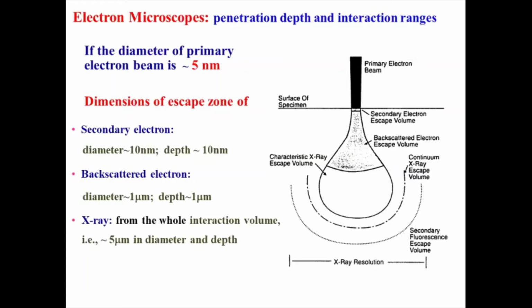A secondary electron may be generated in the bulk, but it has very small kinetic energy, so it will not travel to the surface and come out. So mostly the secondaries are from the very near surface region. The backscattered are from a deeper volume, and the X-rays are from a still deeper volume.